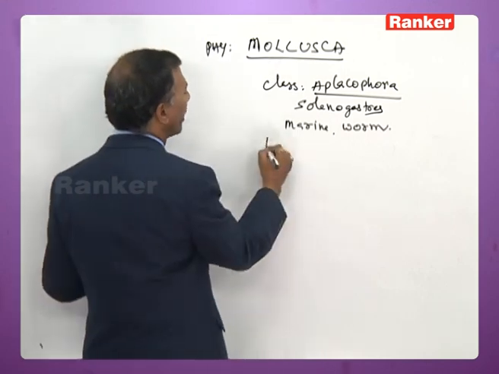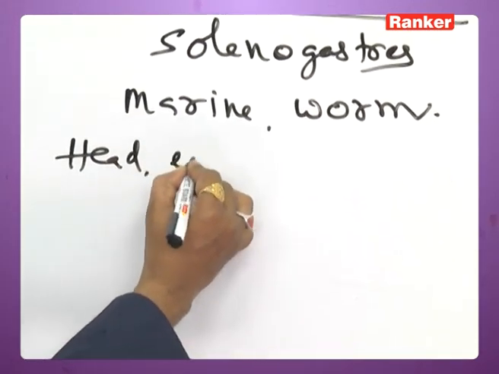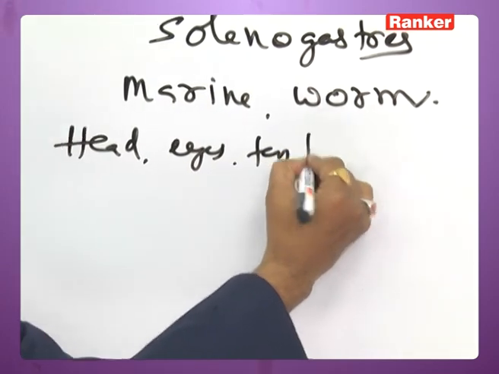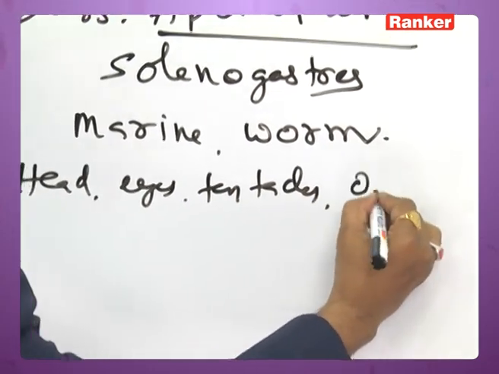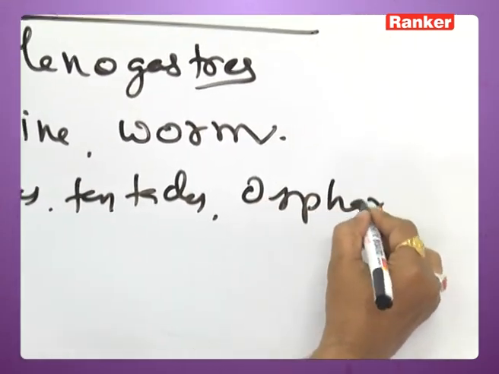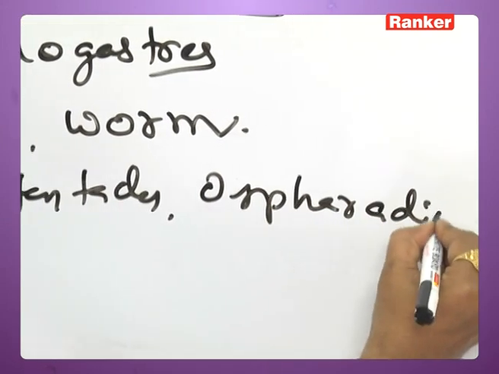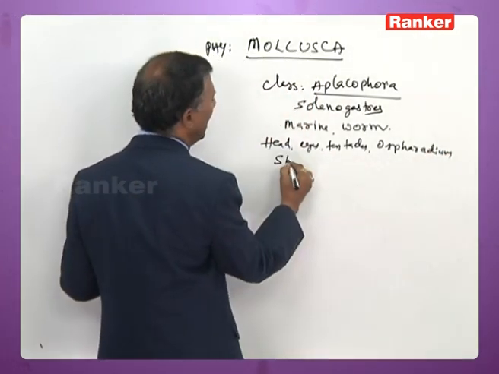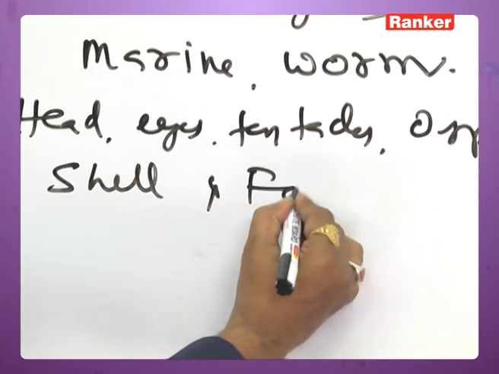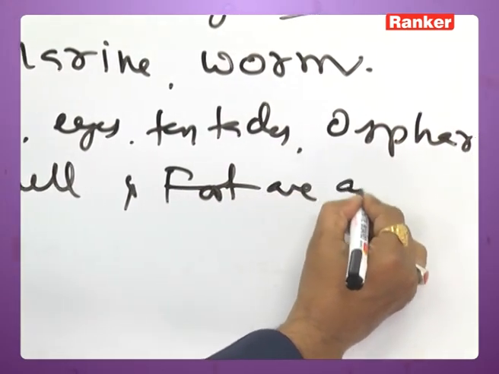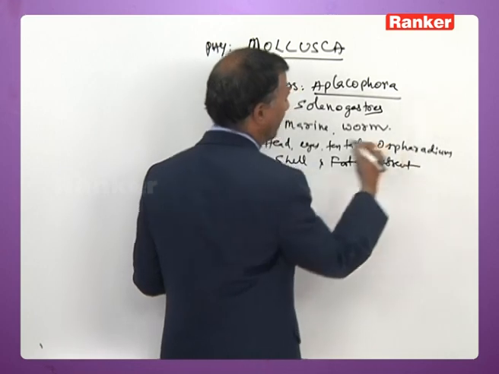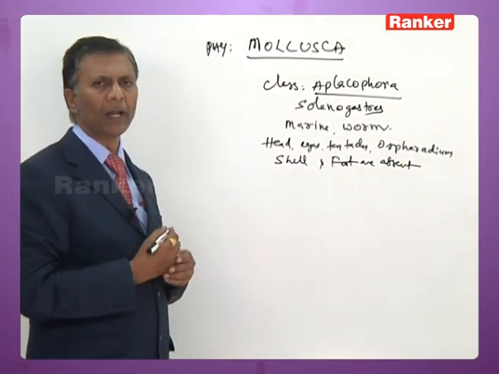In Aplacophora, head, eyes, tentacles, osphradium, shell and foot are absent. All of them are absent here now.